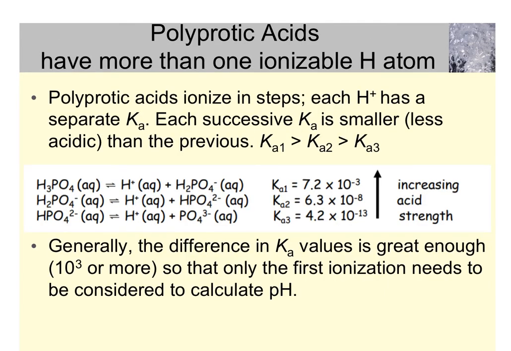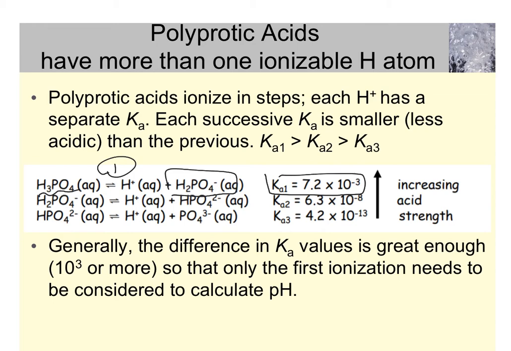Since polyprotic acids have more than one acidic hydrogen, the ionization happens in sequential steps. So, for example, looking at phosphoric acid, which has 3 acidic hydrogens. The first ionization gives us H2PO4 minus, and there is a separate Ka equilibrium constant for it.